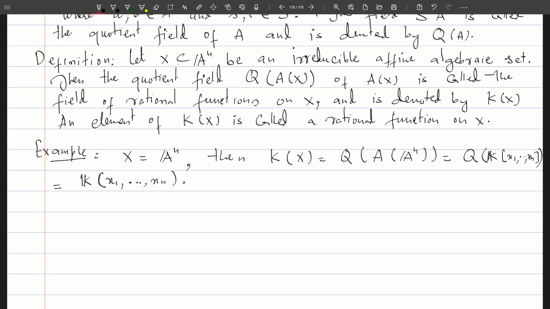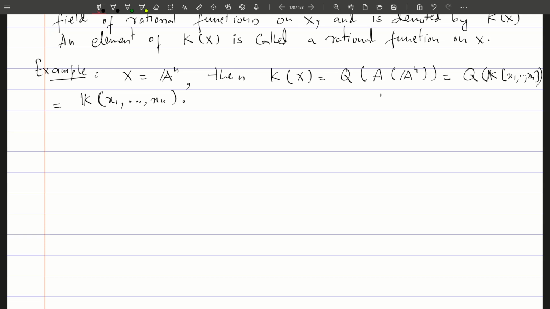Now we use these rational functions to define the regular function. But before this, we first define the local ring at a point. So we have one more definition, which is the definition of a local ring.